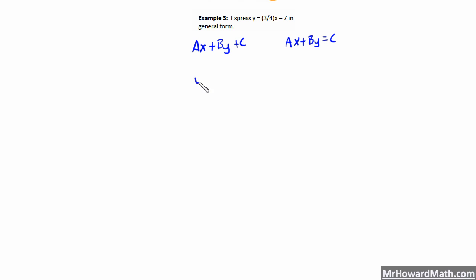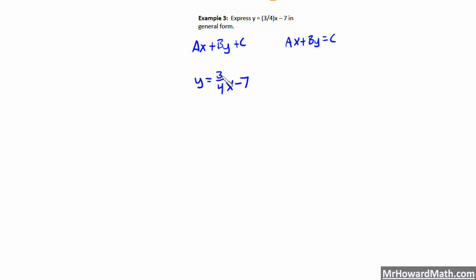So right now we have y equals 3/4 x minus 7. And notice that in each of these forms the number in front of x needs to be a whole number. The number in front of y needs to be a whole number, and then we need to have a whole number as our constant. So in order to do that, we need to get rid of this fraction right here.